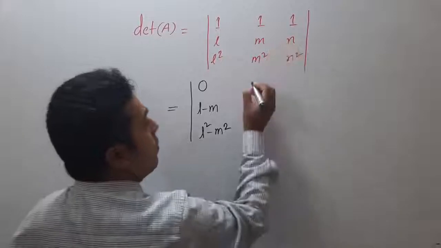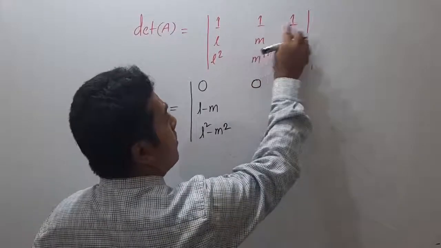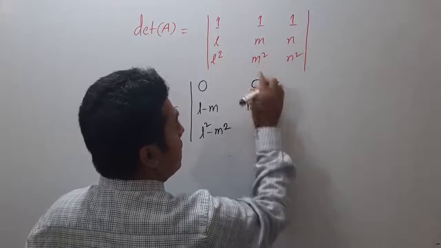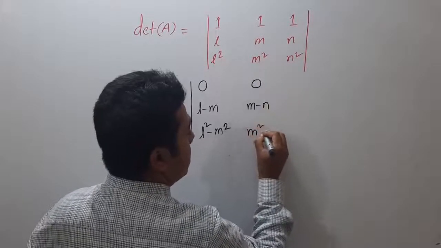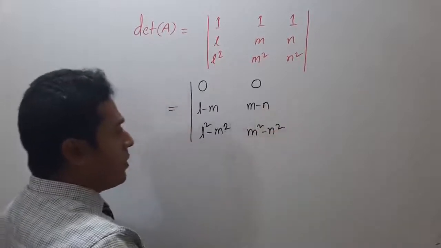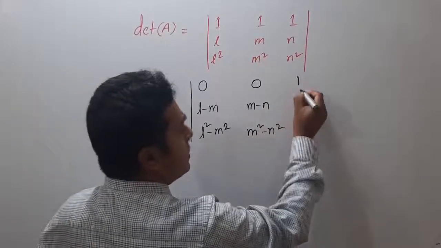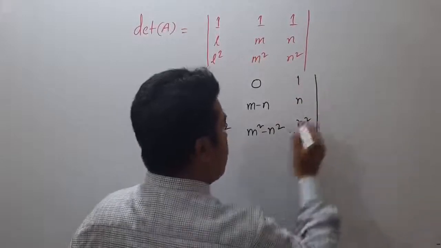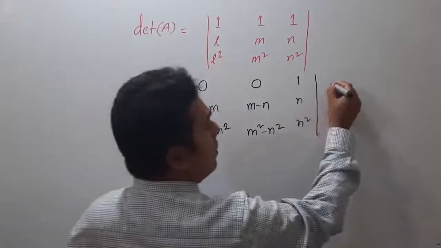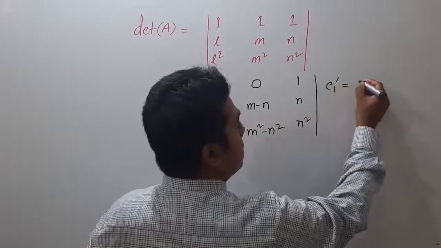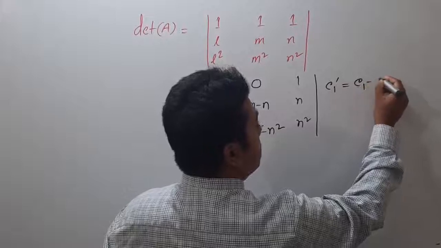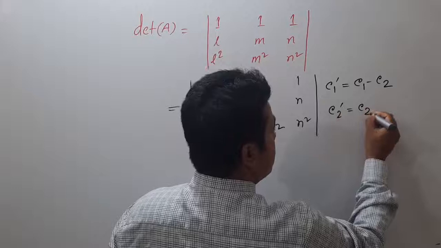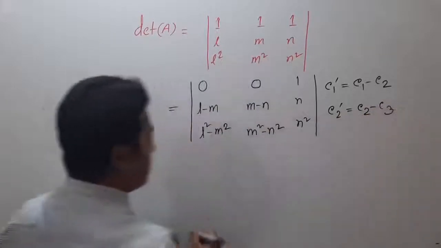So it will be 1 minus 1 is 0, and this is M minus N, and this is M square minus N square. Okay, so the third column will not be changed: 1, N, N square. So our side note is column 1 is changed by column 1 minus column 2, and column 2 is changed by column 2 minus column 3. Okay.